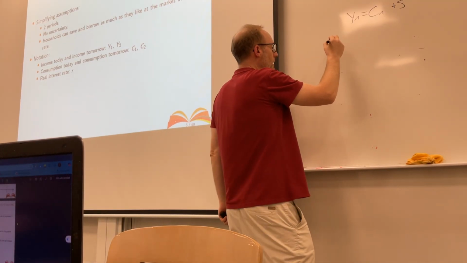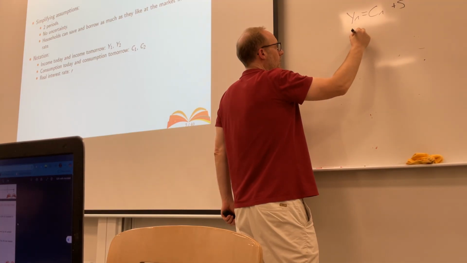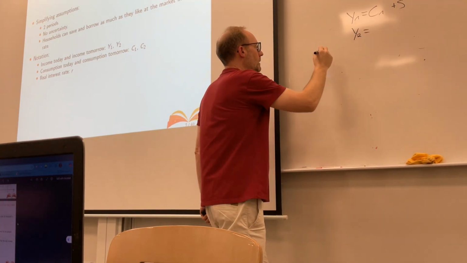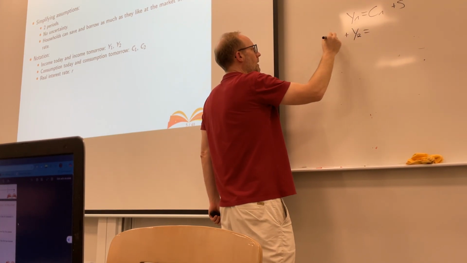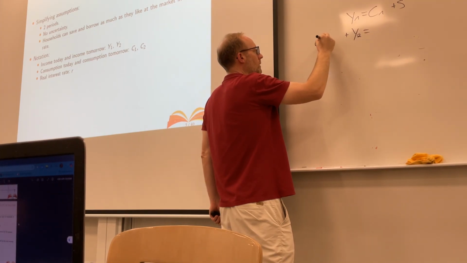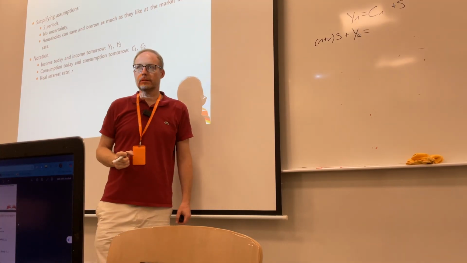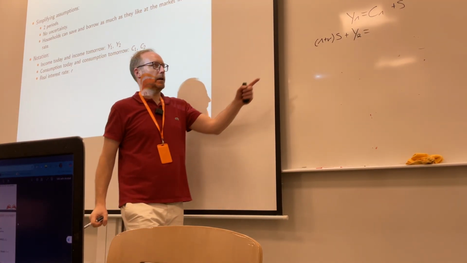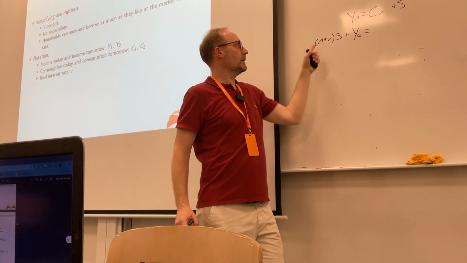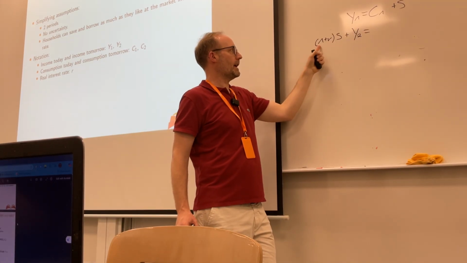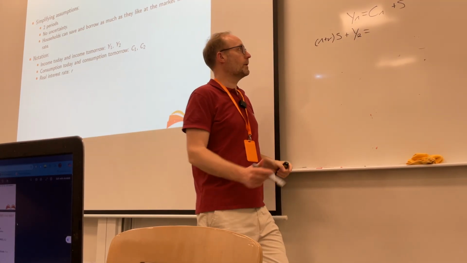In period 2, I'm going to have income Y2, but I'm also going to have income from my savings. Whatever I save in this period becomes income next period. I get the S back plus this real interest rate.